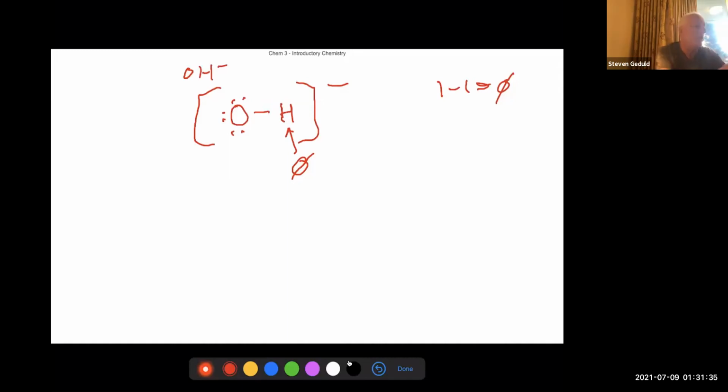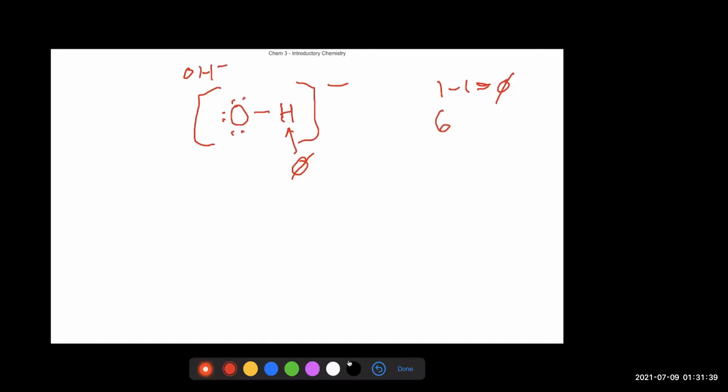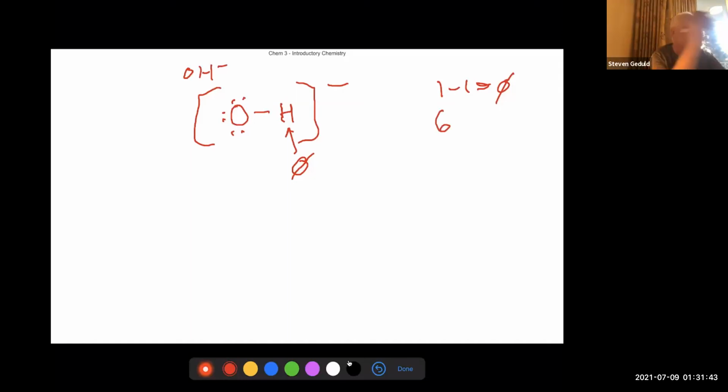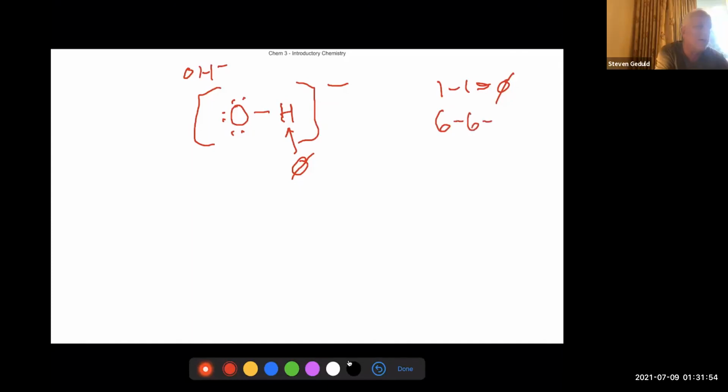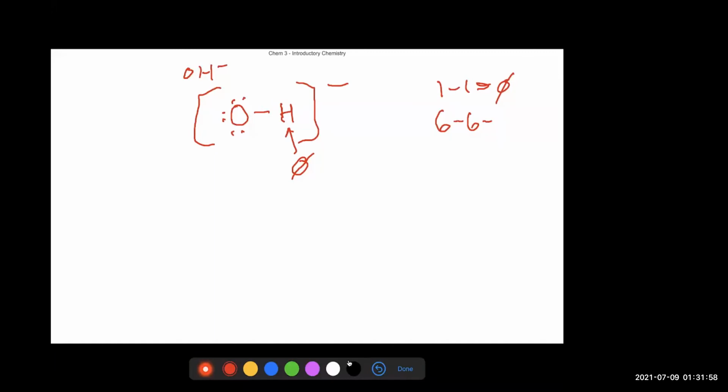Okay, now let's look at oxygen. Oxygen is normally what? 6. Oxygen is normally 6. How many electrons do we have around oxygen? Electrons, not bonds. How many dots do I have? 6. Minus 6. And how many bonds do I have to it? 1.